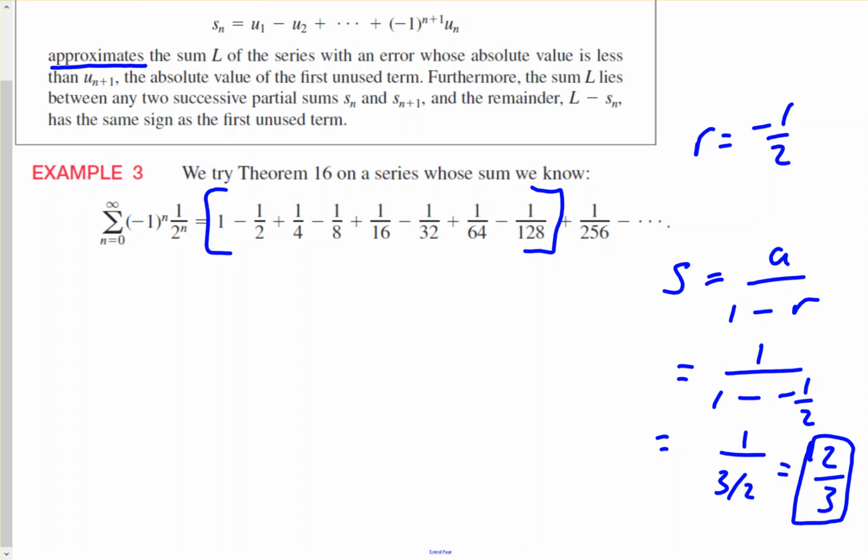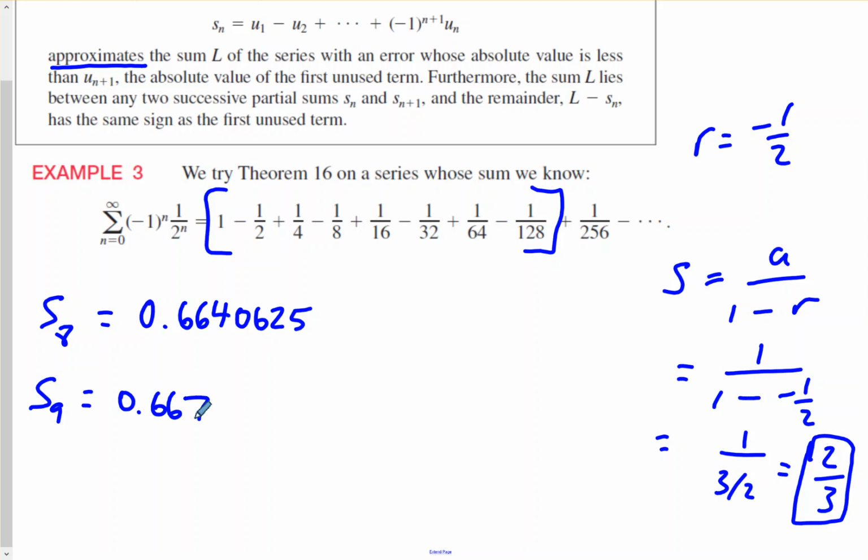So if we add up the first 8 terms, we would get 0.6640625. If we were to add the 9th term, the sum of the first 9 terms, we would end up with 0.66796875.